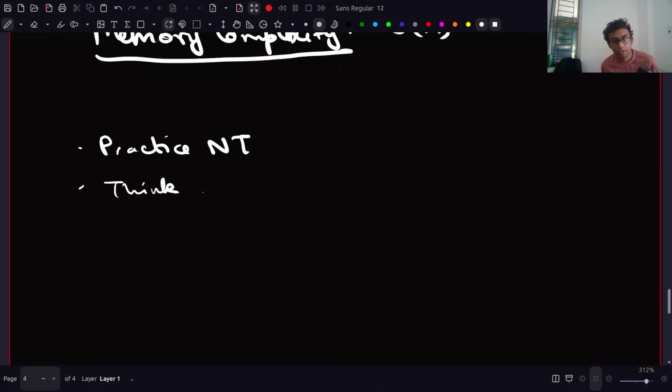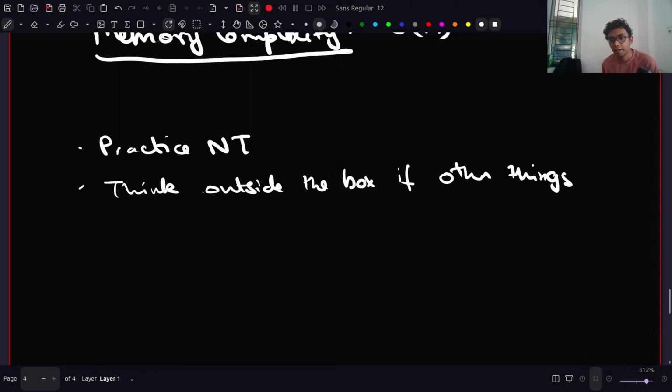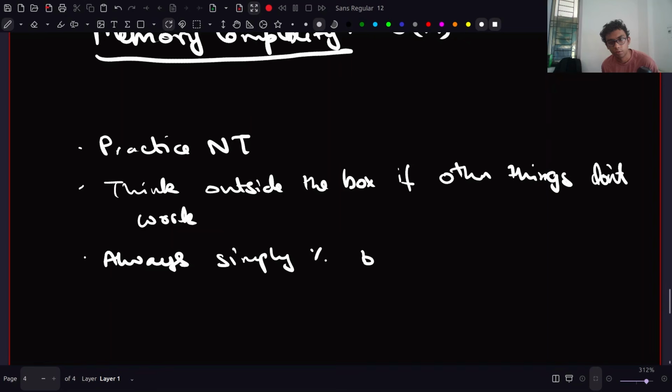These kinds of questions sometimes require thinking outside the box if other things don't work. This is not exactly a standard algorithm. No Euclidean algorithm would help you solve this. So it's slightly thinking outside the box and always simplifying mod by distributing inside. You can say that it's a lesson in that as well.